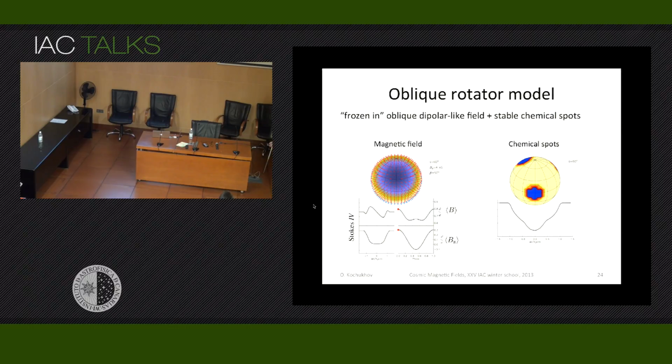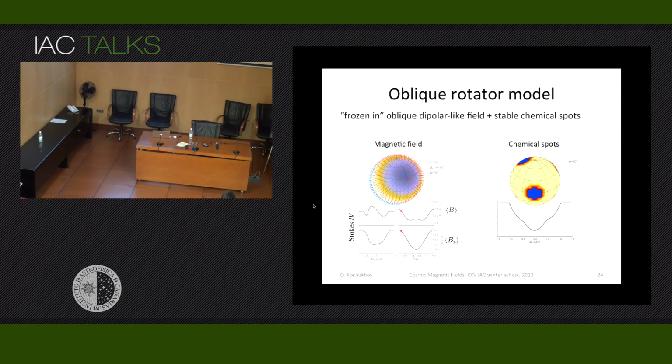And what explains the phenomenology of these stars is what is known as the oblique rotator model. So as I mentioned, the idea is that there is a magnetic field which to a first approximation looks like an oblique dipole, and this magnetic field is frozen in the stellar atmosphere. And as the star rotates, we see different sides of this dipole field, and Stokes parameters change, and integral magnetic field observables change.